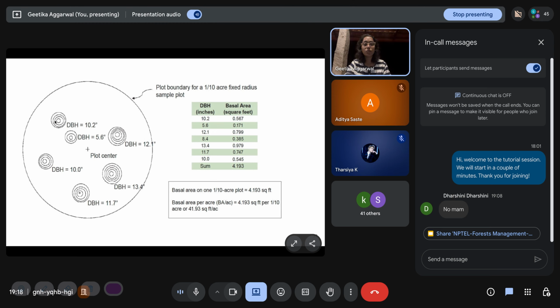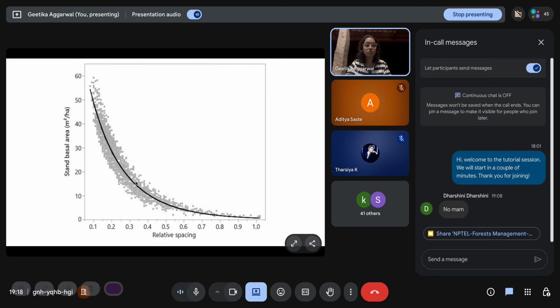If you had only these four trees and these two were not there, so the average spacing between all the trees was higher, then your stand basal area would be lower. But if the stand basal area is high, the spacing factor is low. Okay. So you can see that they have this negative relationship.